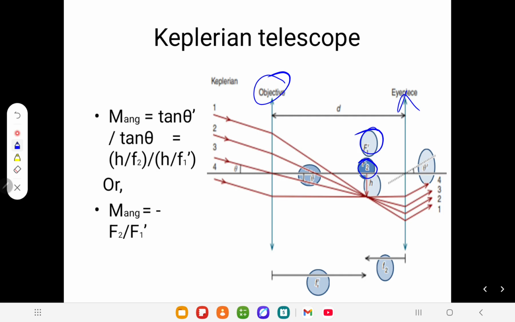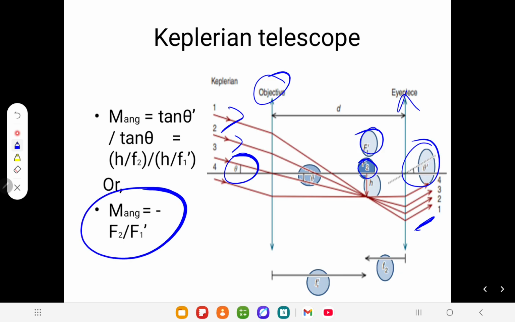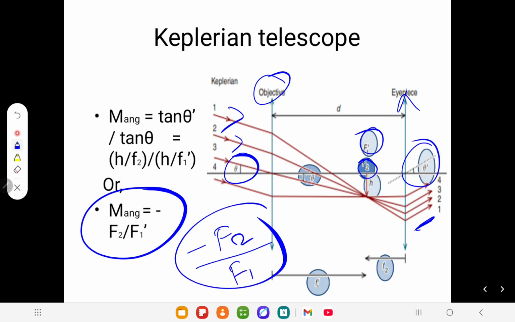So both coincide, then parallel light comes, and this is the angle of incidence, and this is the angle of refraction. So the angle of refraction is much larger, and it creates what? It creates angular magnification. That's the concept. Or in another way, magnification can directly be calculated by minus f2, the eyepiece, divided by f1, the objective lens. Very simple. Okay.